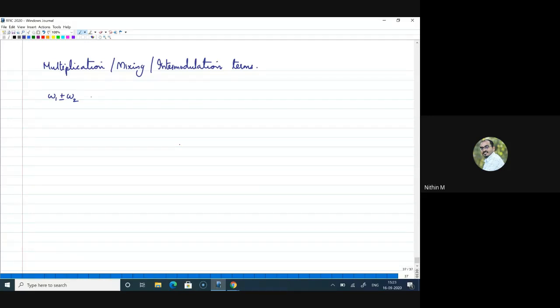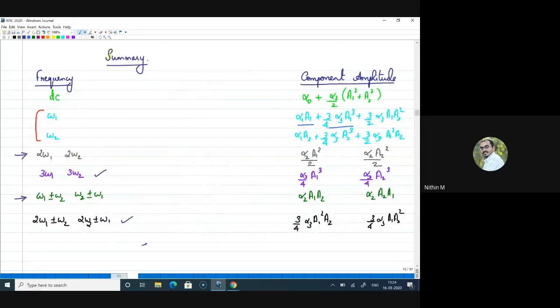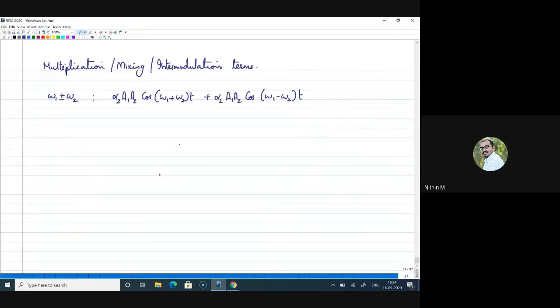If I write that term alone, the term is actually alpha 2 a1 a2 cos omega 1 plus omega 2 into t plus alpha 2 a1 a2 cos omega 1 minus omega 2 into t. I hope you understand this. I am just writing the terms we have considered even before, alpha 2 a1 a2 term, that is omega 1 plus or minus omega 2.